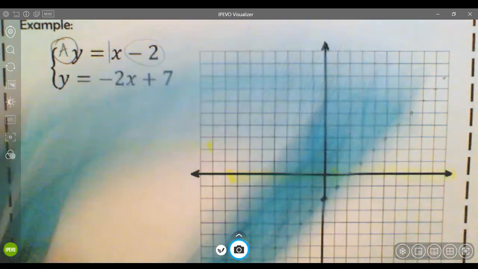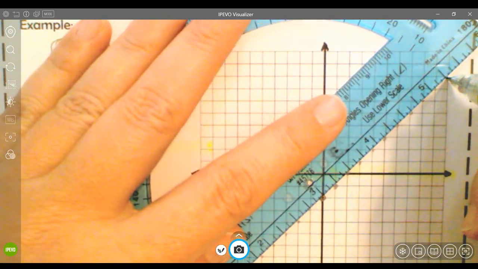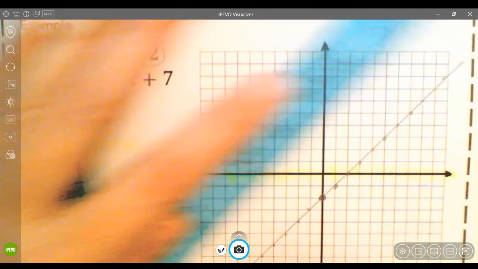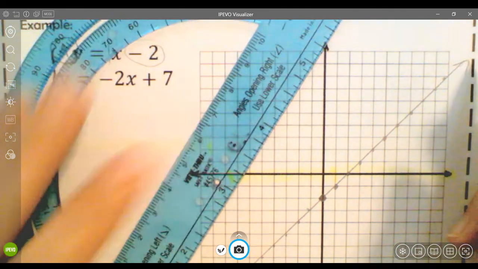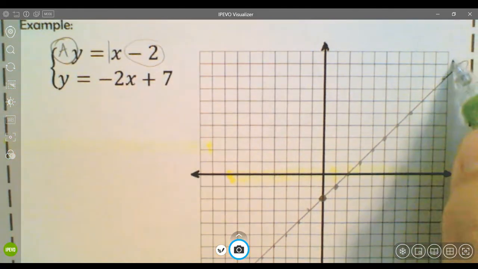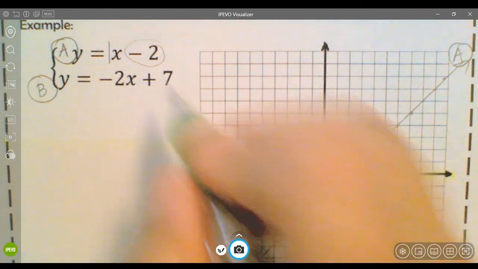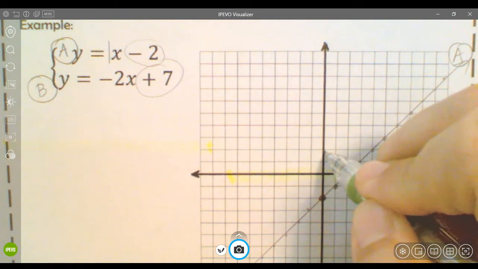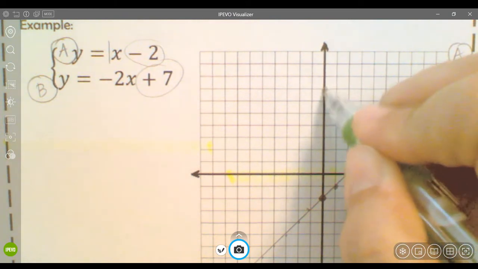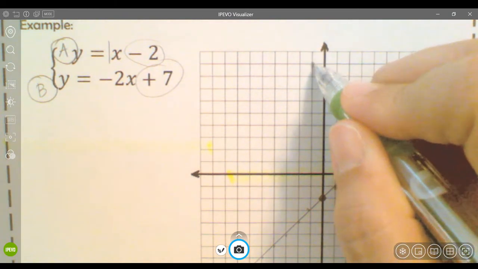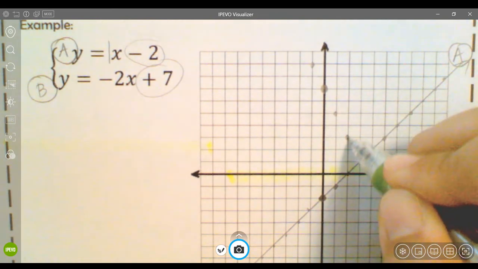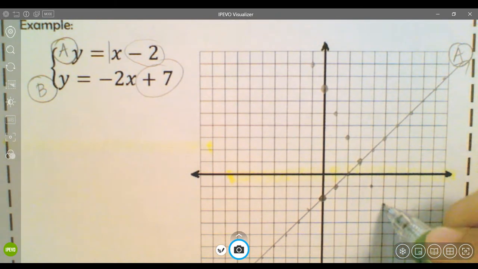And today I'm going kind of fast, but I'll go into details about how to graph later this week. So that's what my first equation looks like. My second equation has a y-intercept of 7 and a slope of -2. Oh, and look what happened there.